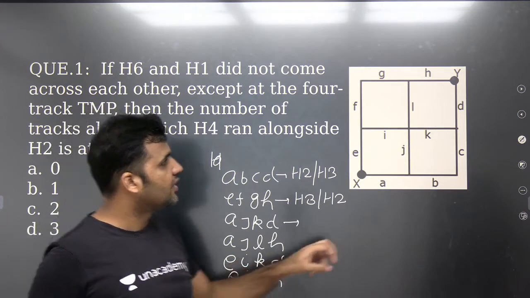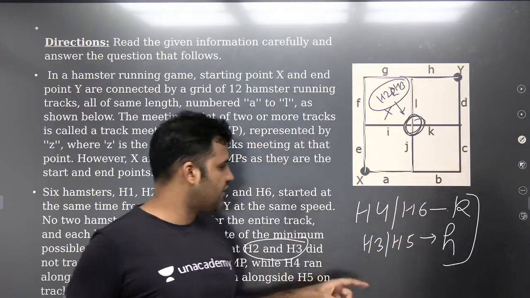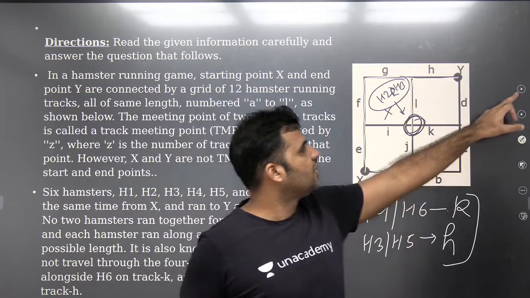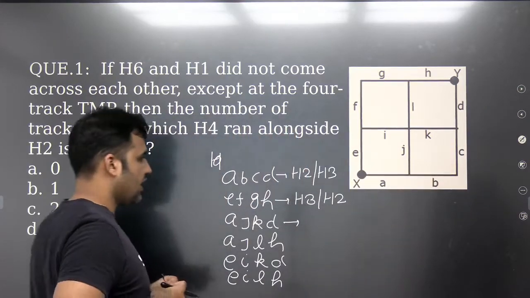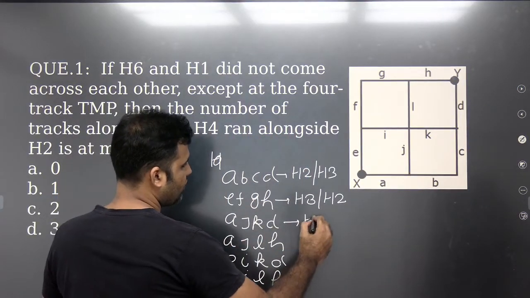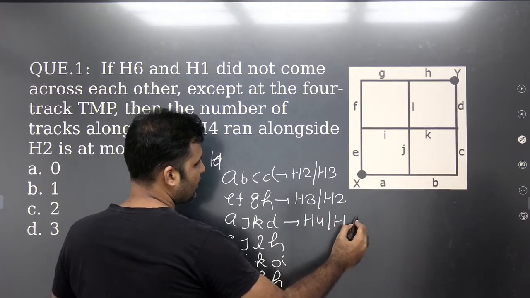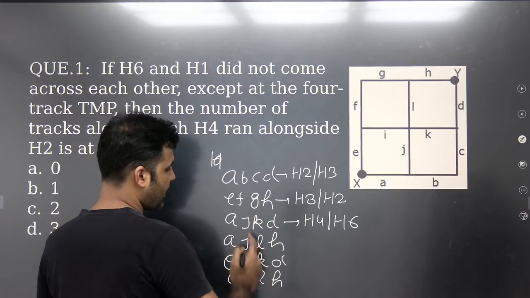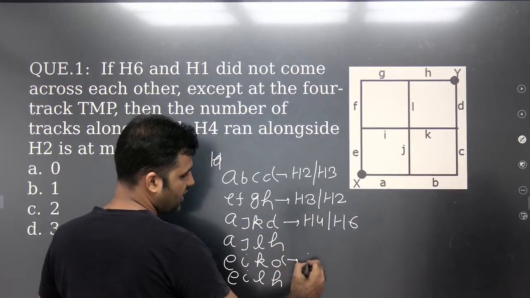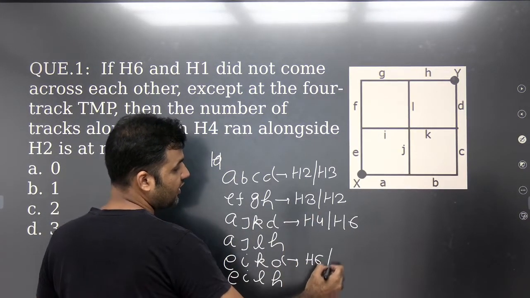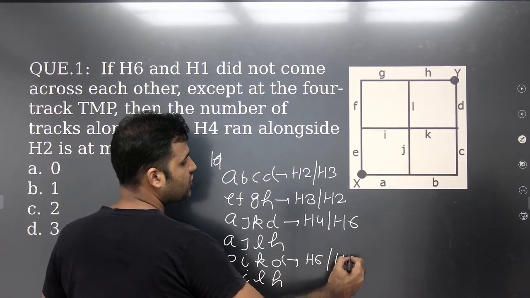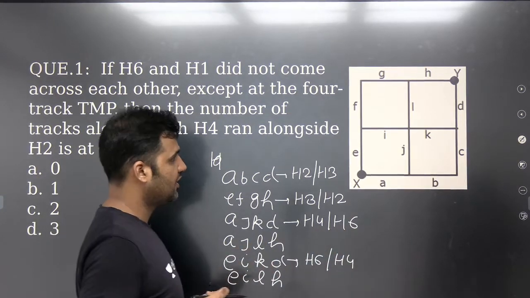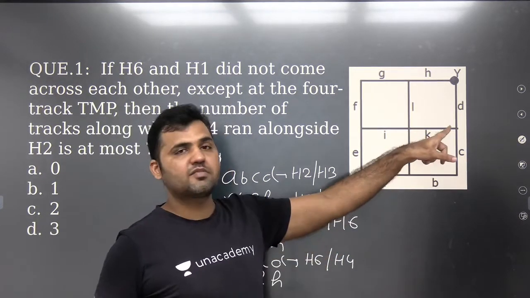So that means the possibility for H4 and H6 will be through track K. So on this track, either H4 will be running or H6, because they have to share the track K. If H4 will be coming here, then H6 will be coming here. And if H6 is coming here, then H4 will be coming over here, right? Because they need to follow the same track K.